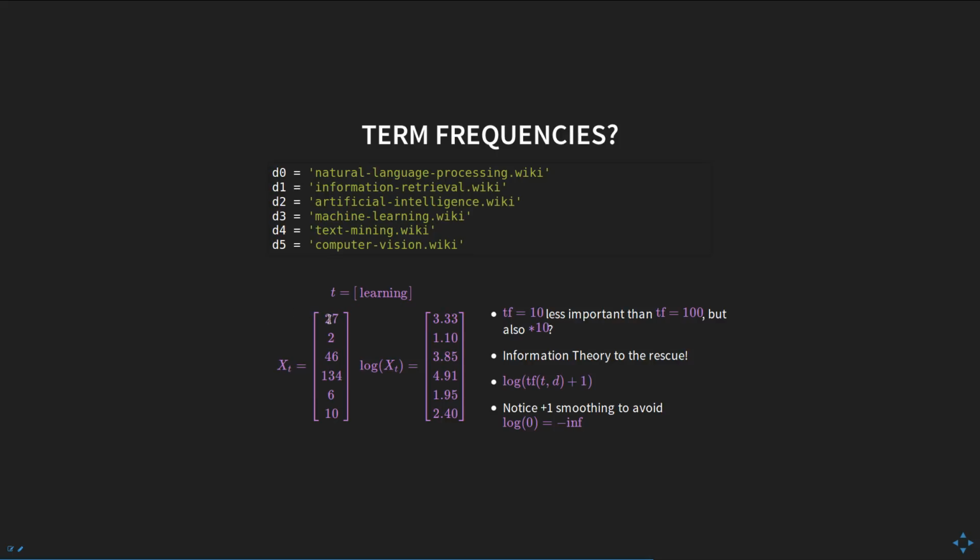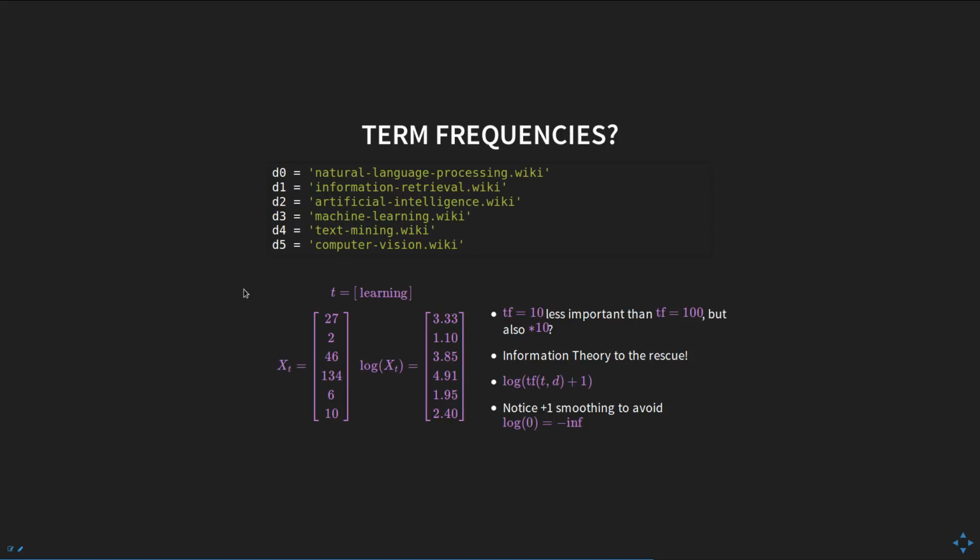So learning occurs 27 times in natural language processing, only 2 times in information retrieval, 46 times in artificial intelligence, etc. Now it's pretty logical that the term learning will occur most in machine learning and in artificial intelligence, and not so much in, for example, information retrieval. So already we can see a sort of divide between these documents.